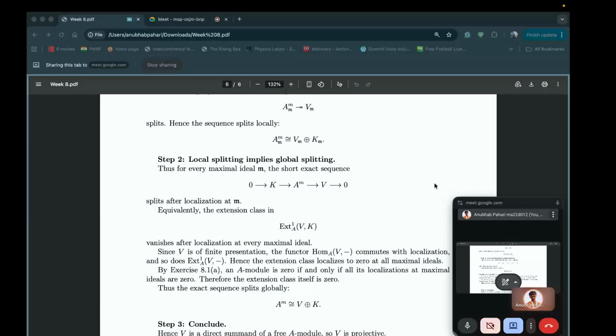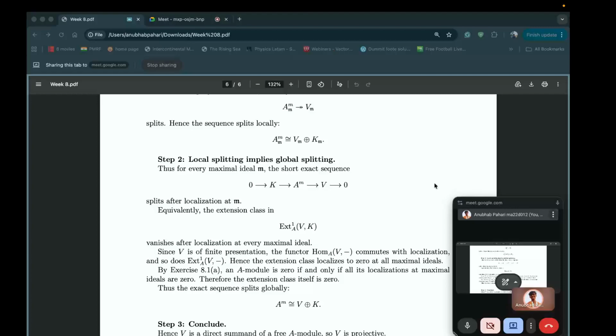Now for every maximal ideal m, the short exact sequence 0 to K to A^m to V to 0 splits after localization at m, and equivalently the extension class in Ext^1(V, K) vanishes after localization at every maximal ideal.